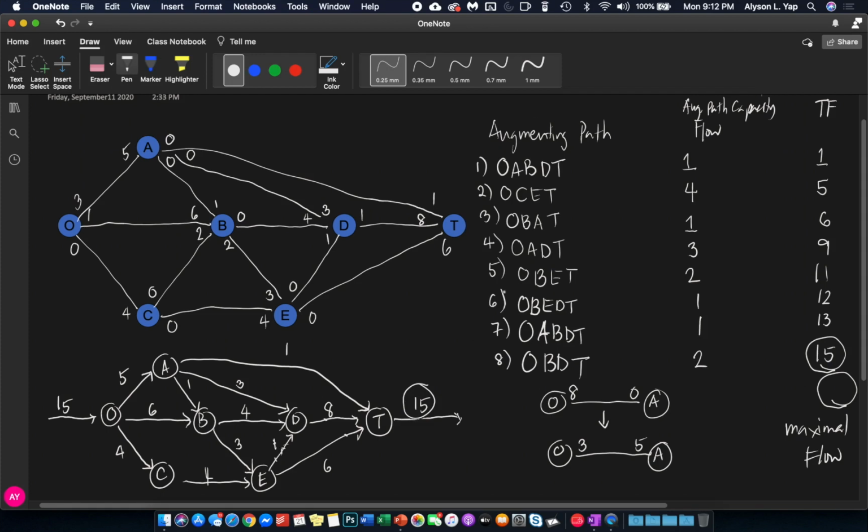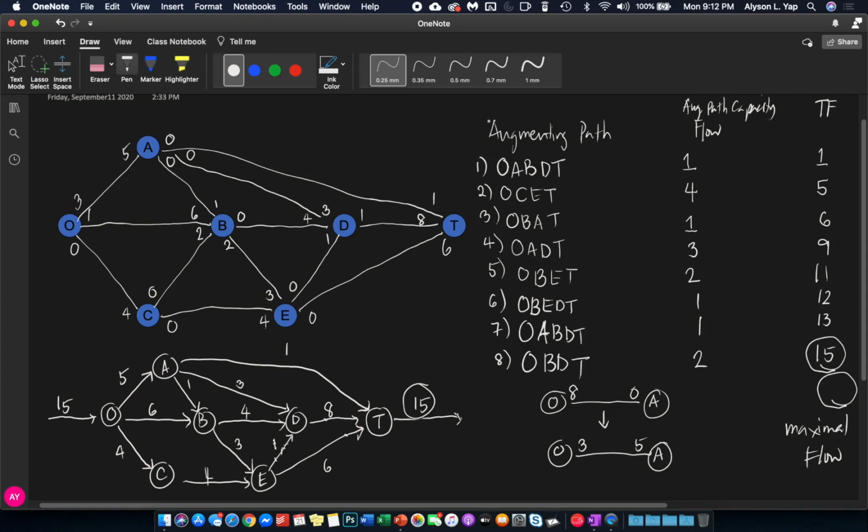So given this set of augmenting paths, this is how the 15 units flowed through the network. Obviously, if you identified a different set of augmenting paths, then these capacities will be different. These total flows will be different, no? However, what will be the same is the ending total flow.